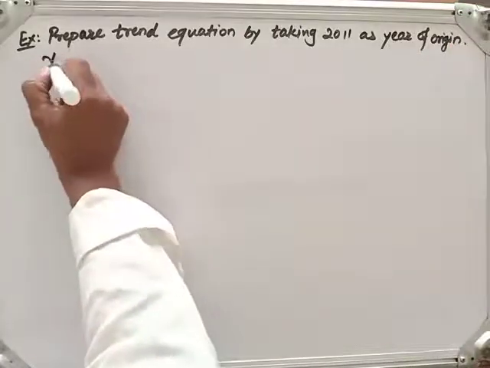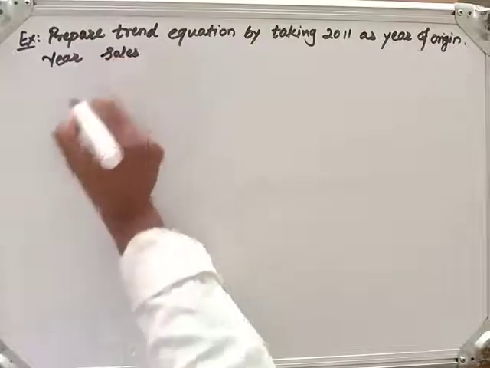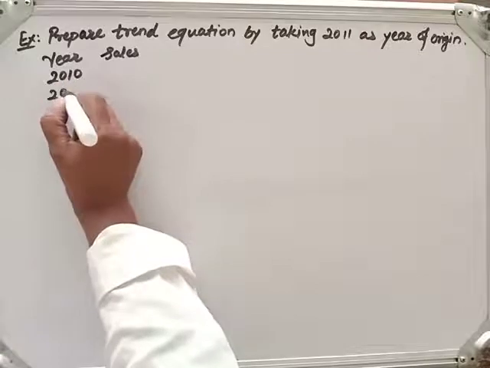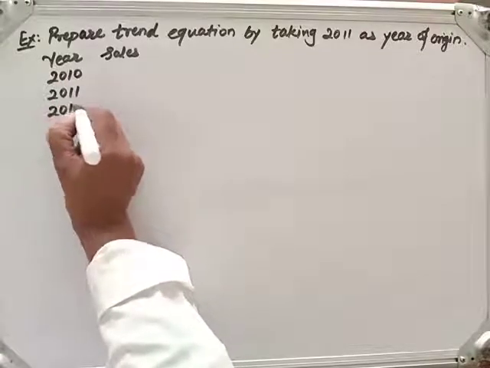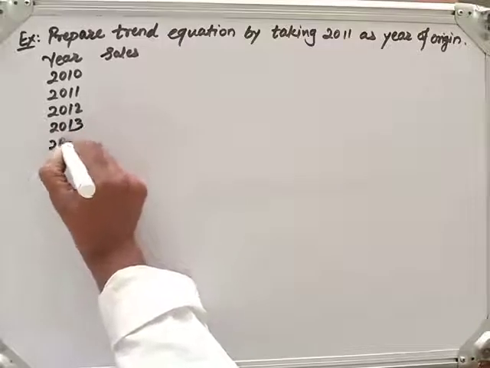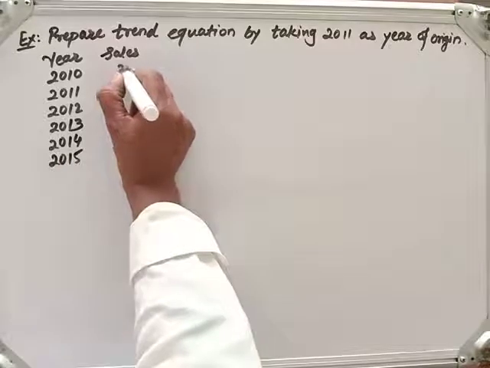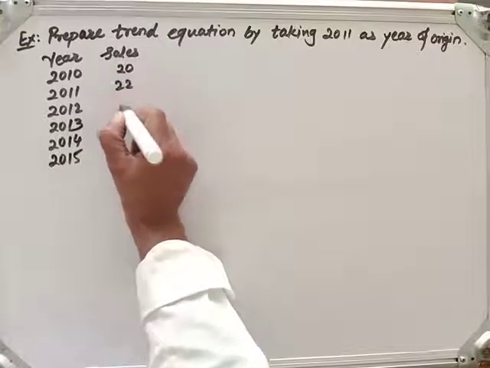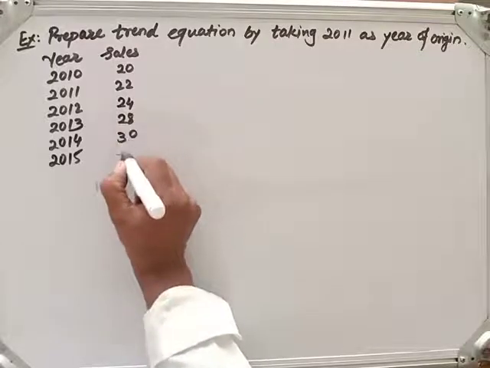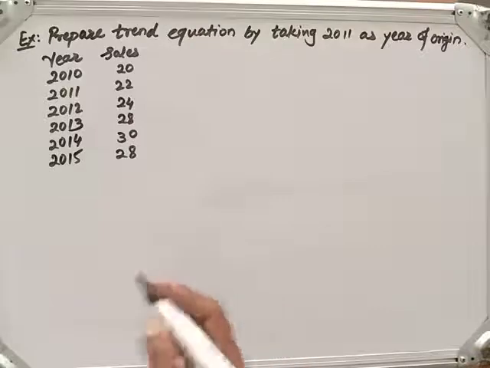What are the data? Year and sales given. So 2010, 2011, 2012 and 2013, 2014, 2015 is given. And sales, corresponding sales 20, 22, 24, 28, 30 and 20. This is given to us. So we have to determine a trend line.